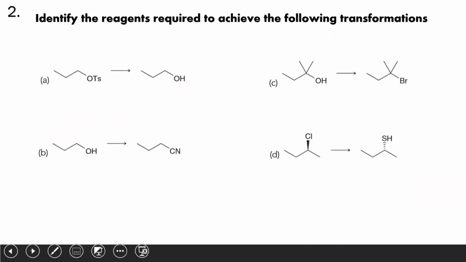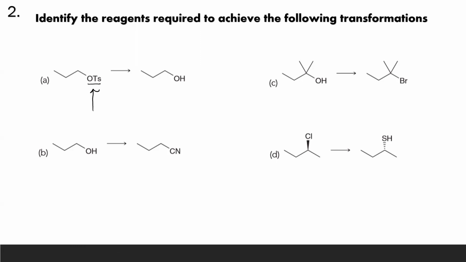Okay, next question. Identify the reagents required to achieve the following transformations. So for A, you have OTs here. This is a tosylate. So essentially, this is going to be an excellent leaving group. When you have a really poor leaving group, you can do a reaction with tosyl chloride and pyridine to form your tosylated product.